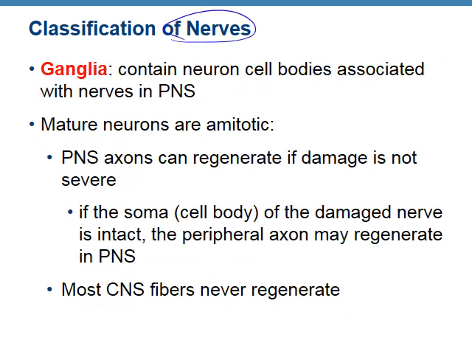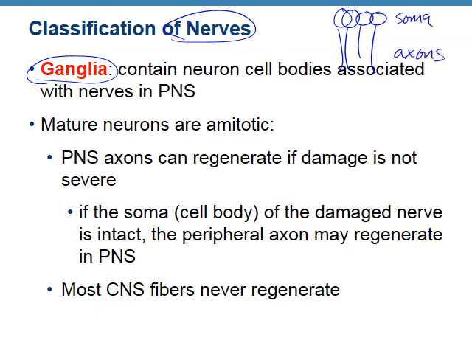Continuing with classifying the nerves, if you remember the term ganglia, or you should, go back and remember if you have a collection of somas. Here these are somas or cell bodies. These are axons. If I have a collection of somas in the peripheral nervous system, I call them ganglia. If I have a collection of somas in the central nervous system, remember we called it nuclei.